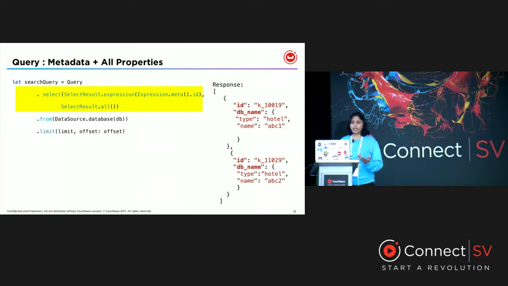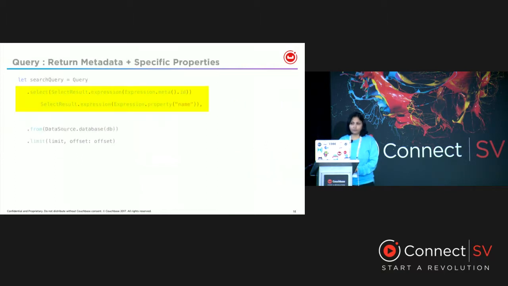You've got an ID, that's the document ID, and then the JSON body itself, which comes back as a JSON object, but the key corresponds to the name of the database. This is something you need to be aware of. It's similar to how N1QL does it on the server side. So again, this particular query expression selects the metadata and select all.